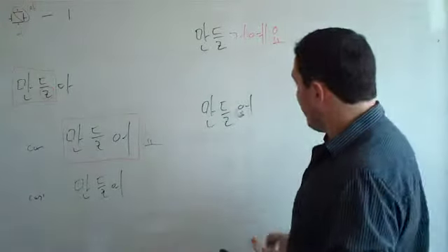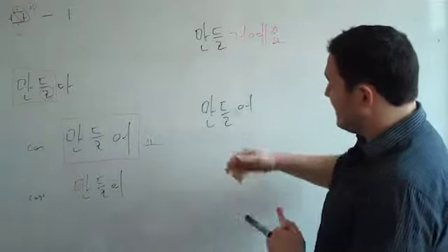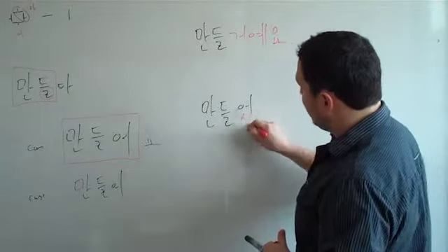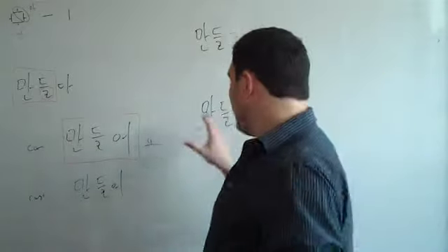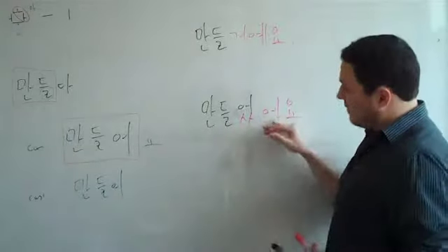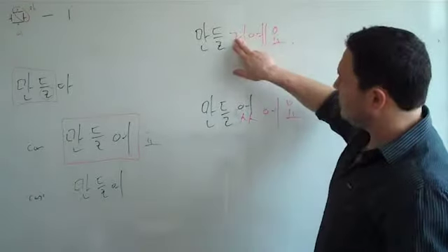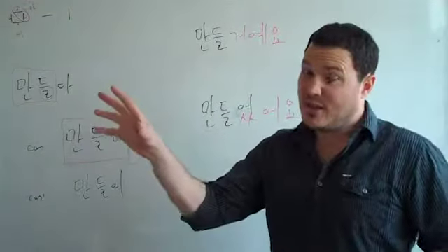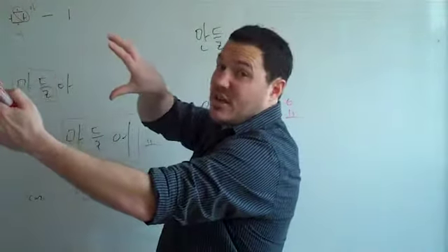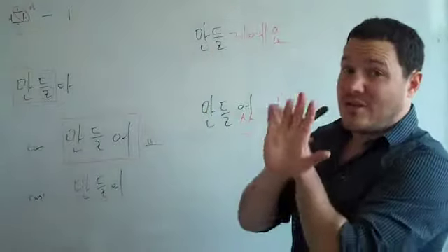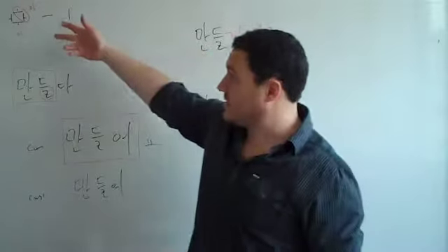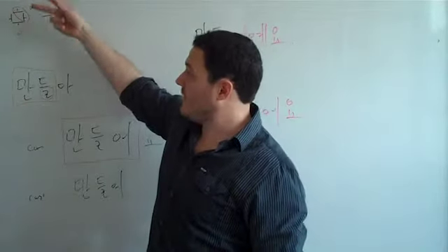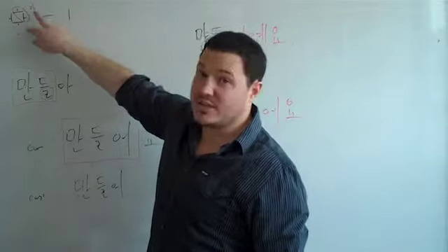Okay, and then past tense. 만들었, and we put our S's underneath. Okay, 만들었어요. Now you may have noticed by now that for the future tense, sometimes the L can go underneath, sometimes it has to come out because it ends in a consonant. That's never going to happen in the past tense because the past tense uses the changed form, and as we're seeing, the way to conjugate into the changed form, it's always going to end in a vowel.